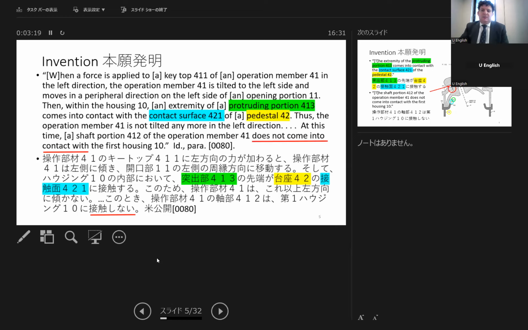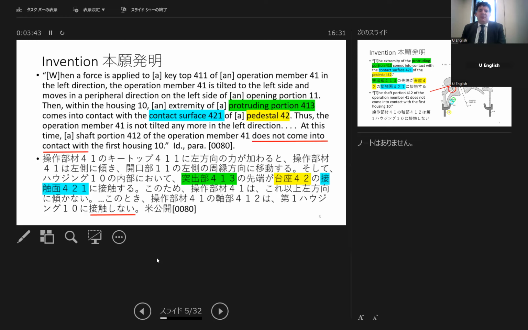And so the invention here is that when a force is applied to the key top of an operation member in the left direction, the operation member is tilted to the left side and moves in a peripheral direction on the left side of an opening portion. And we'll show this on the next slide.